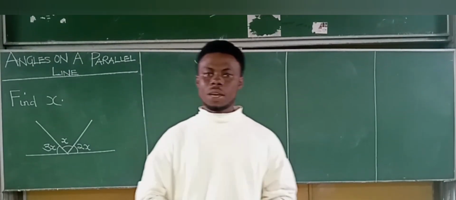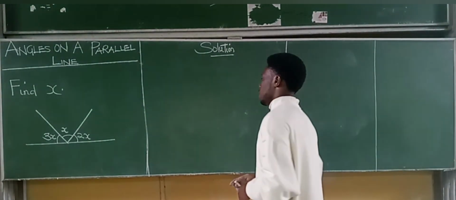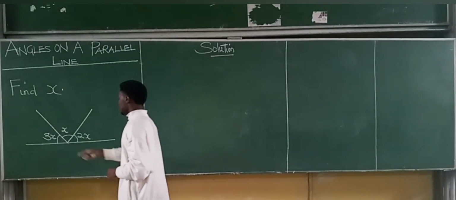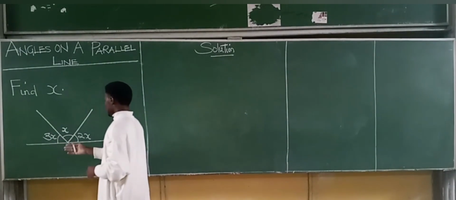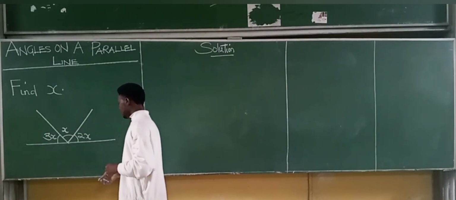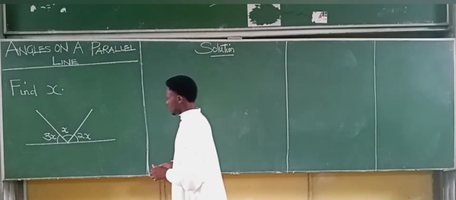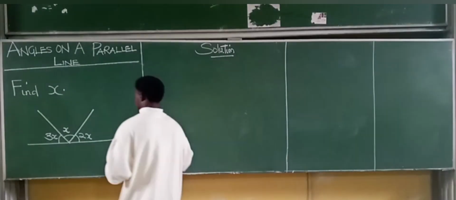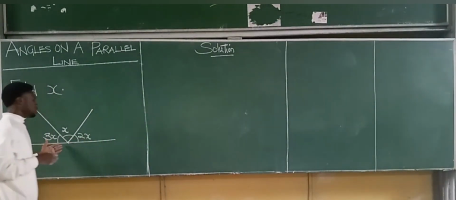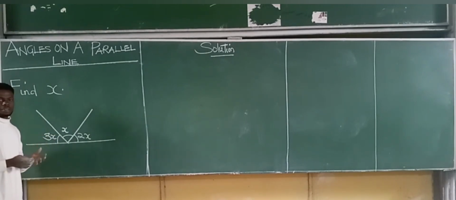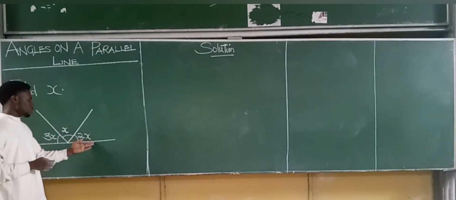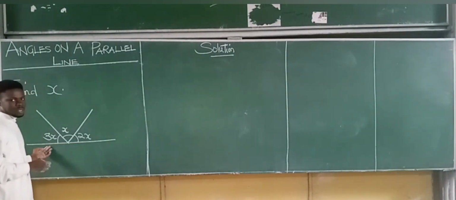Let's consider this example on the board. Find x on the diagram. In this diagram we have 3x, x, and 2x. To determine the value of x, these are angles on a straight line. They all lie on the same plane, a straight line.